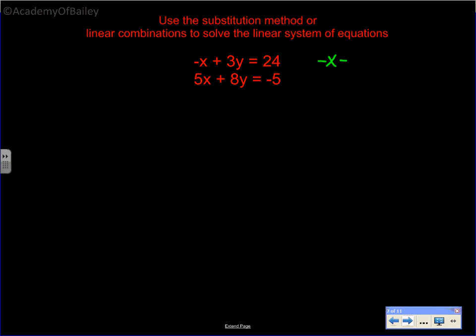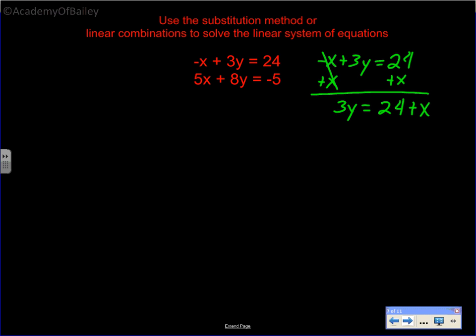So we have negative x plus 3y is equal to 24. Add x, so those cancel. So 3y is equal to 24 plus x. And we're trying to get x by itself, so we subtract 24.